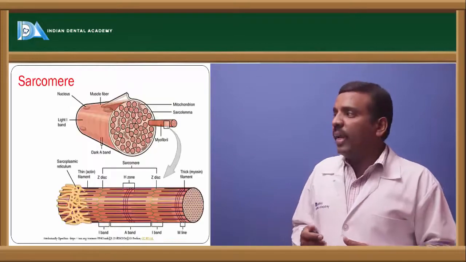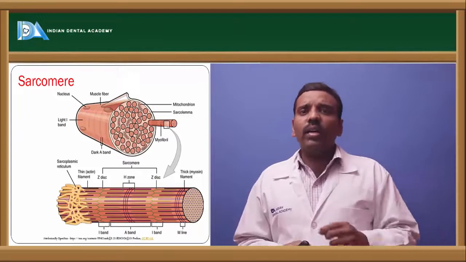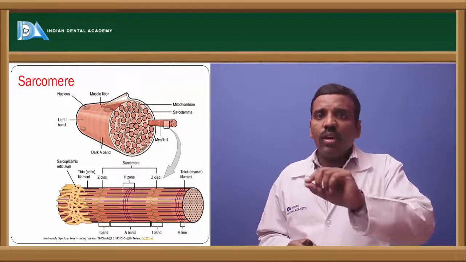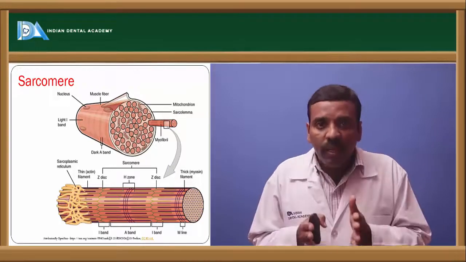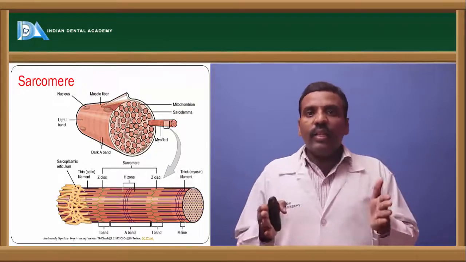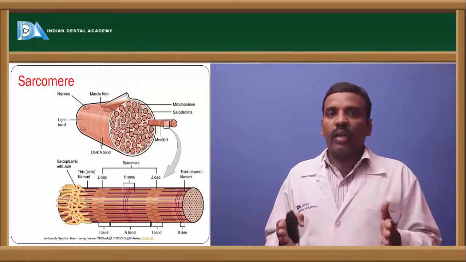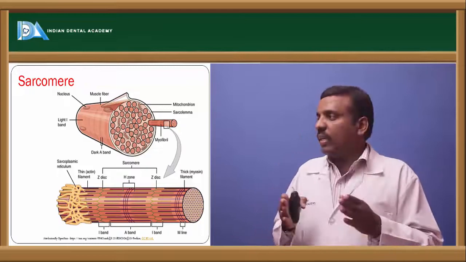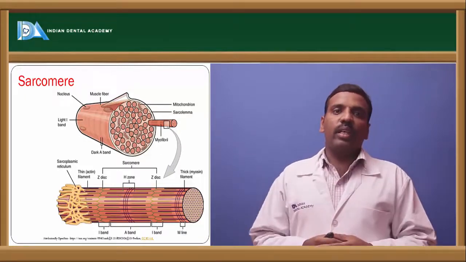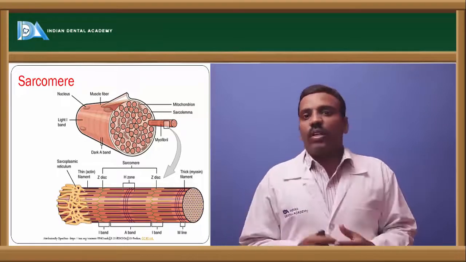Next, the structure of the sarcomere. The sarcomere is a structural unit of the myofibril. It is restricted between two Z lines, and in the middle there is an H zone. Two types of proteins are present: actin filaments and myosin filaments.